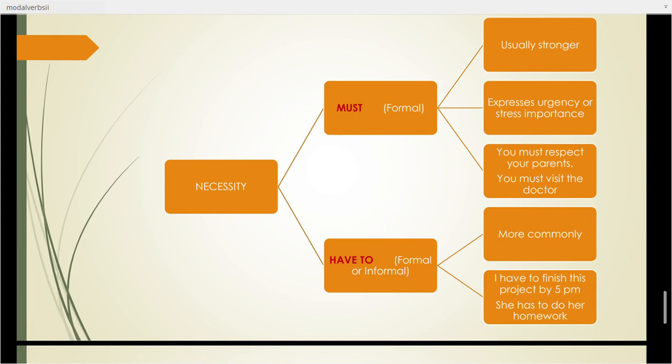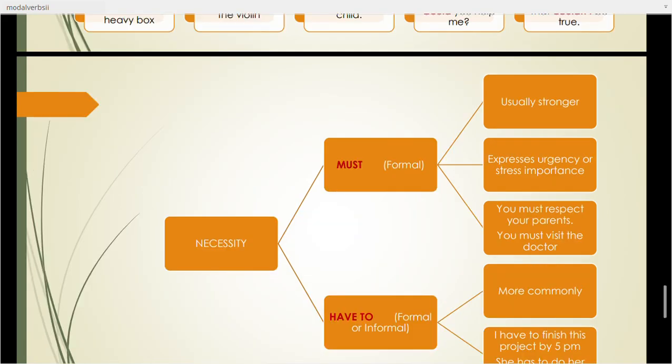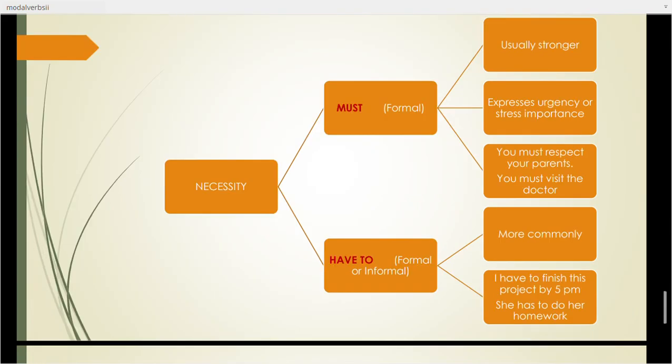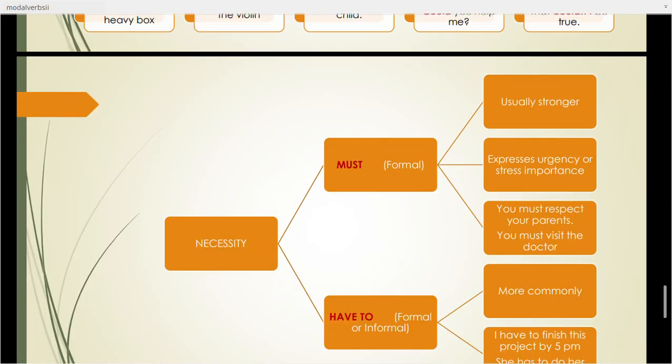Finally, in the last group, necessity, we can find two modal verbs. The first is must. We can use it in a formal situation, and have to can be used in formal or informal situations. Must is usually stronger and expresses urgency or stresses importance.